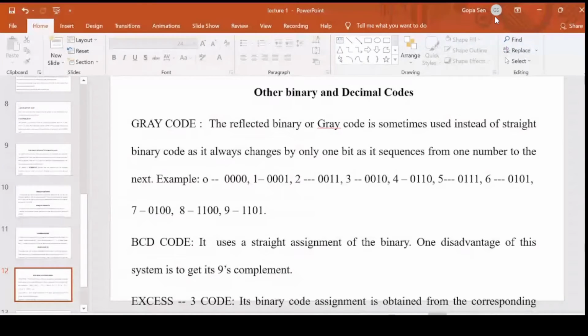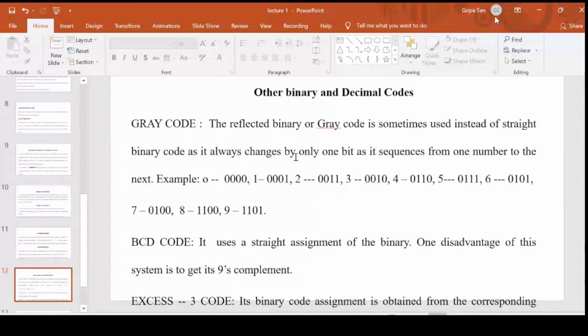So in a counter system, as we go on increasing the number, a special type of code is used which is known as gray code. The advantage of gray code is that moving from one number to the next, only one bit changes. As for example, taking 4-bit numbers, 0 is represented as 0000, whereas 1 is represented as 0001, but 2 is represented as 0011, not 0010 as in binary.